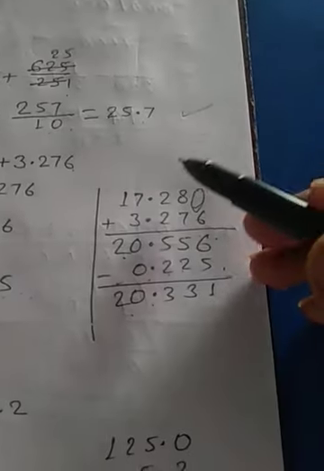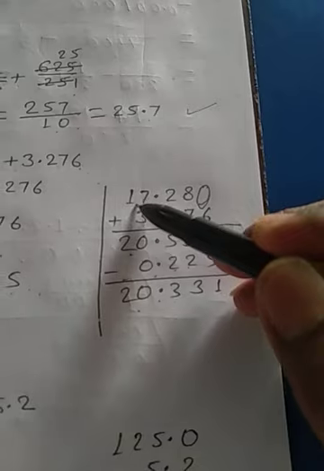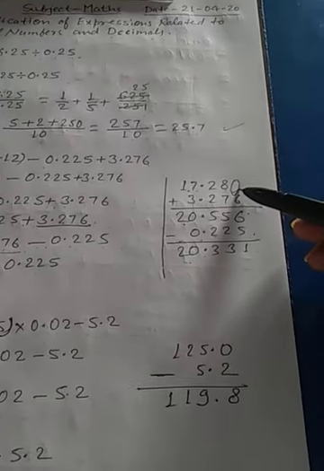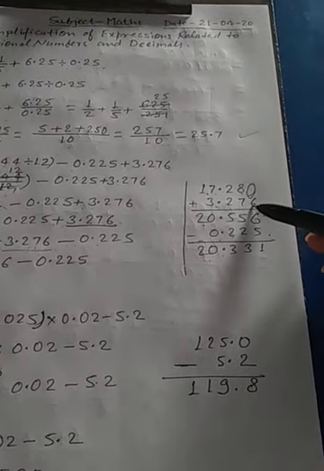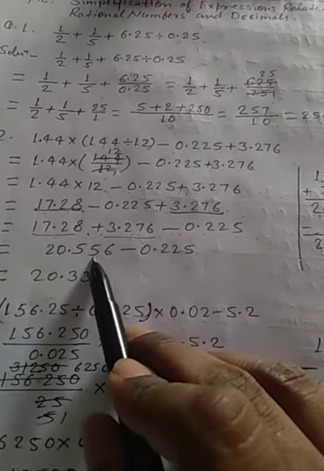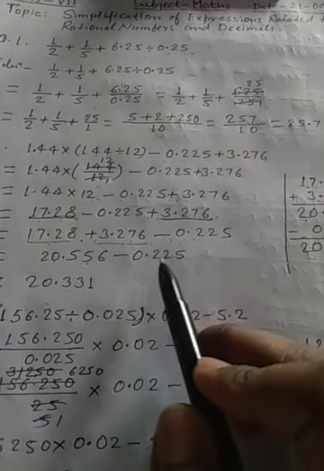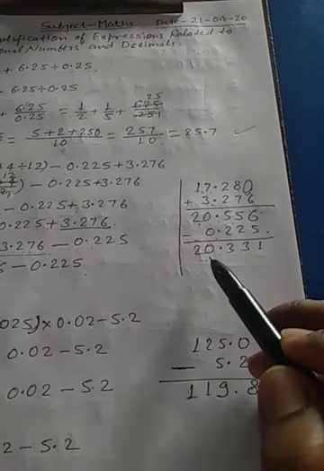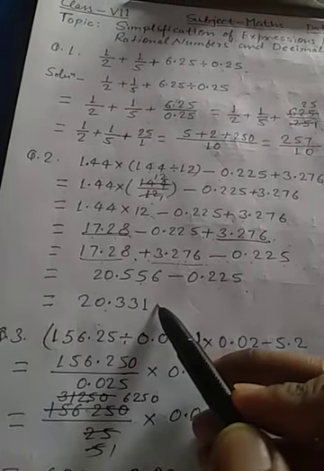So here I am writing 17.28 and putting a 0 to make like decimals, and 3.276. After adding we get 20.556, which is written here, 20.556 minus 0.225. Now we subtract 0.225, then we get 20.331, which is written here. This is the answer.